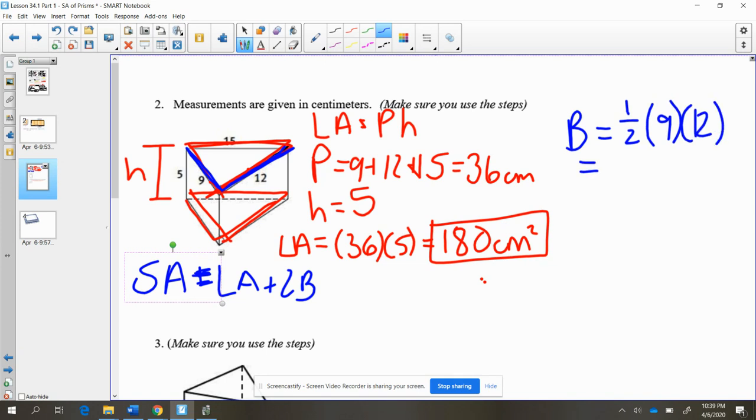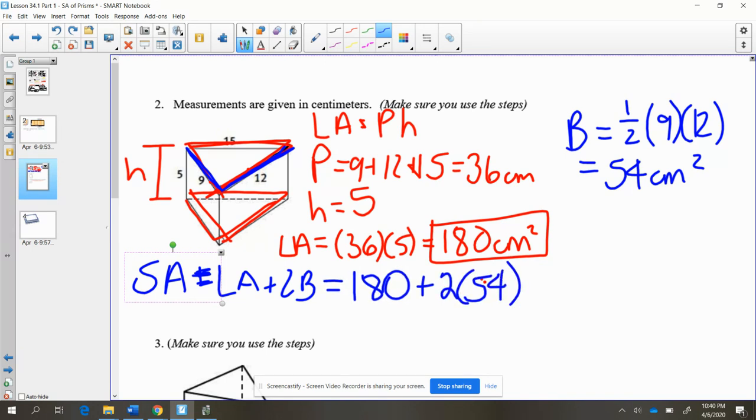We end up with an area of 54 square centimeters. Now we can plug that back in over here. We have that lateral area, and now we know the area of that triangular base is 54, and we have 2 of those. So altogether, take a moment to calculate that.